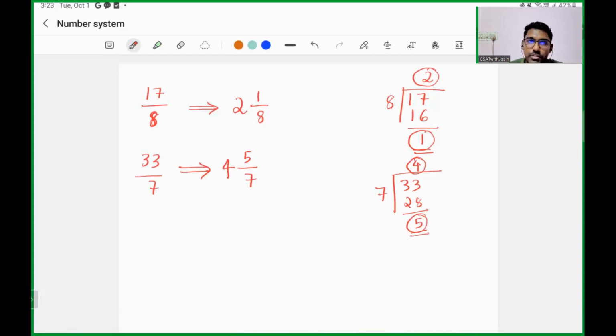So this is the way you need to convert improper fraction into mixed fraction. Now I'll give you a mixed fraction, you change it into improper fraction. 12 1 by 8. You convert 12 1 by 8, which is a mixed fraction, into an improper fraction.